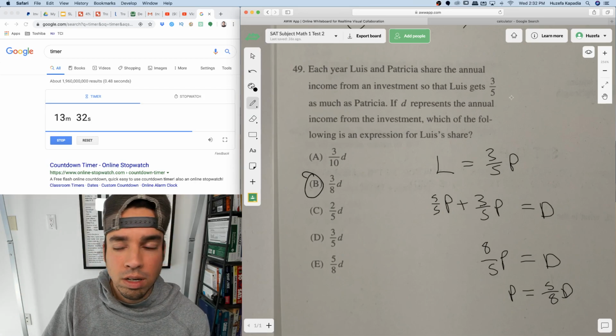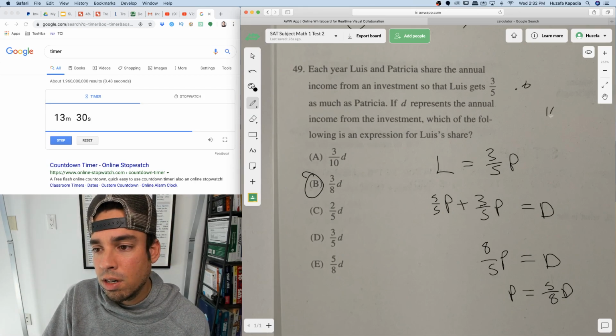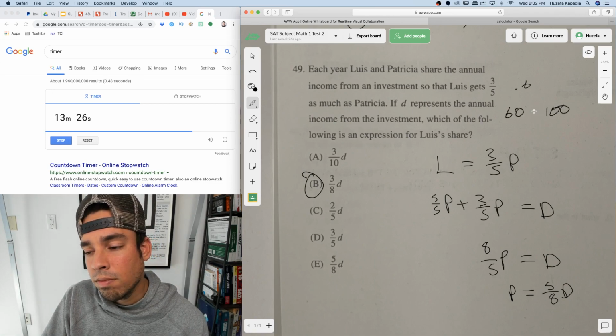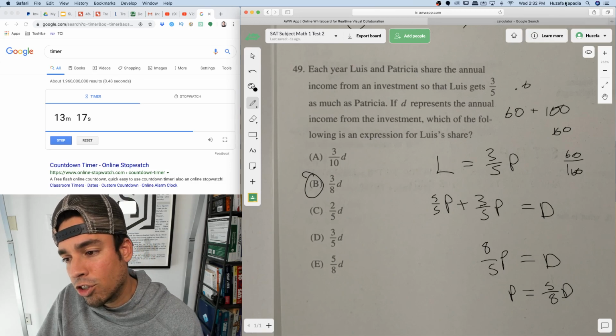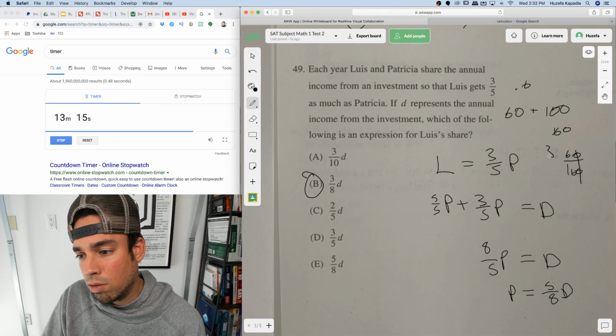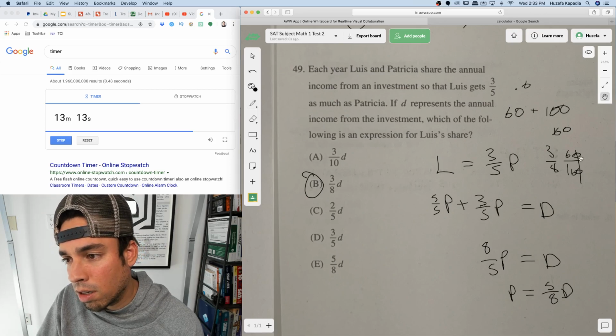Let's just use concrete numbers to make sure, like 0.6, right? So she gets $100, he gets 60, and the total is 160. And then he's getting 60 out of 160, which is 6 out of 16, which is 3 out of 8. Yeah, all right, I feel good about that.